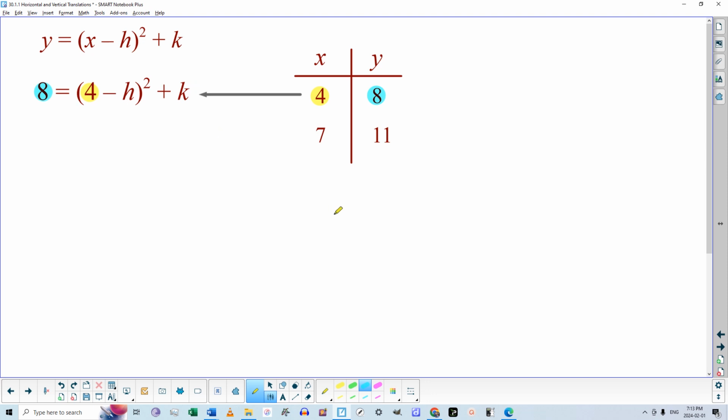And now I can feed the (7, 11) in and get another equation. Again, all I've done is I've taken the x-coordinate of the point that's on the function and put it in for x, and I've taken the y-coordinate of that point and put it in for y. So what is it we do with these two equations?